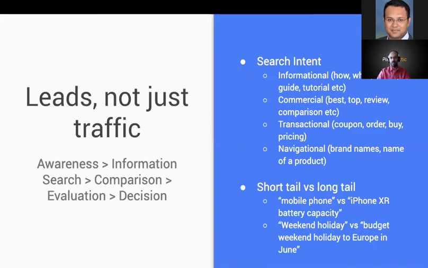With navigational keywords, the buyer has something in mind, but they don't know how to get there. For example, they're looking for a product from a particular brand. So they would search for a navigational keyword, find something, and click on it, which would then lead them to their final destination. So they're just using this as a navigational aid.